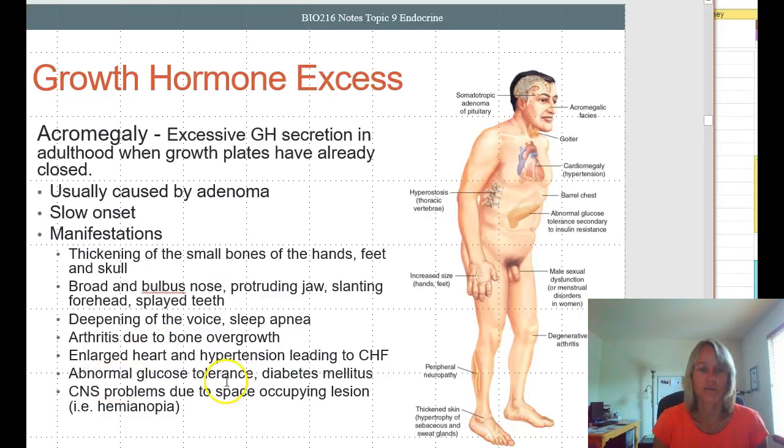It can lead to abnormal blood glucose levels and diabetes mellitus because of its anti-insulin actions. And CNS problems, and this is due to the space-occupying lesion. So if we have this pituitary tumor that's occupying space within the brain, we can have headaches and vision problems. This is almost always caused by a benign pituitary tumor and is of slow onset.